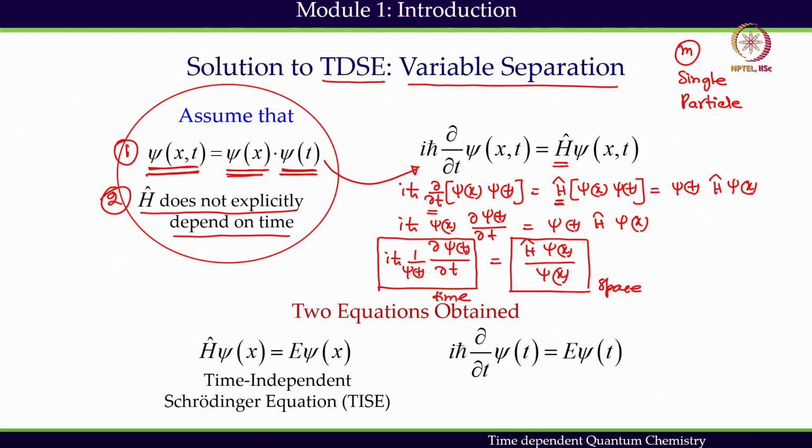So, in order for this relation to hold, all we need to consider is that this is always going to be constant. Two different variables cannot be equal unless it is a constant, and the constant can be taken as anything. For convenience we have taken E, because later we will find out that this constant E will express the energy of that particle. That is why we are considering it; otherwise you can take any constant. So, this is actually a constant.